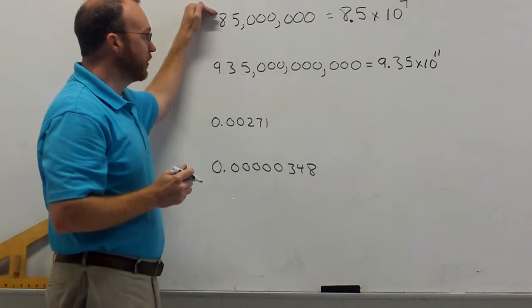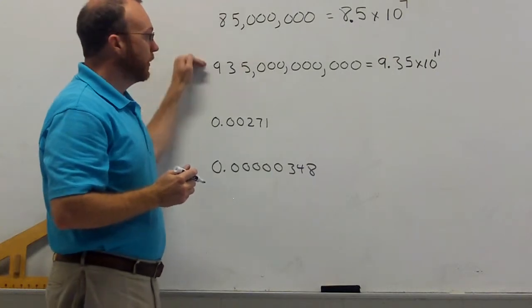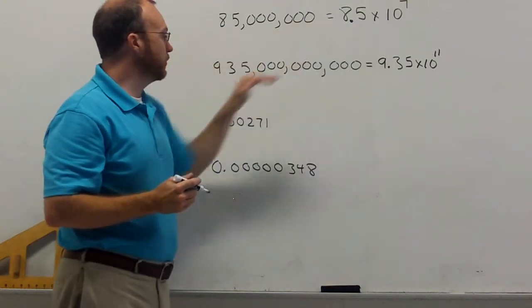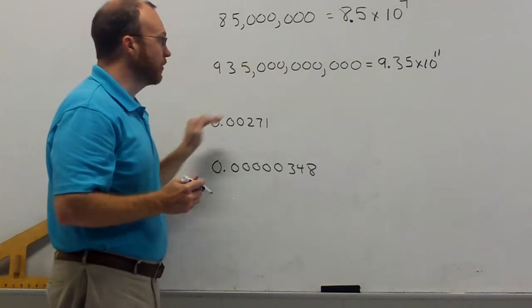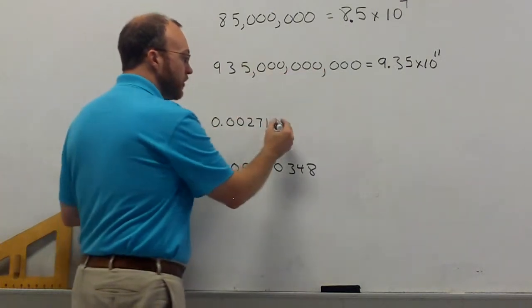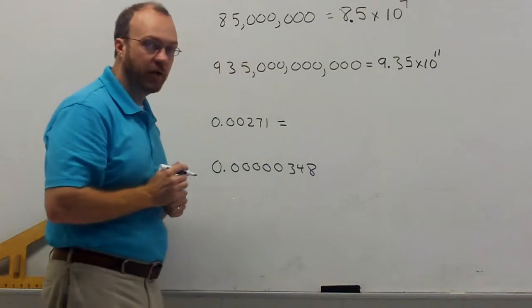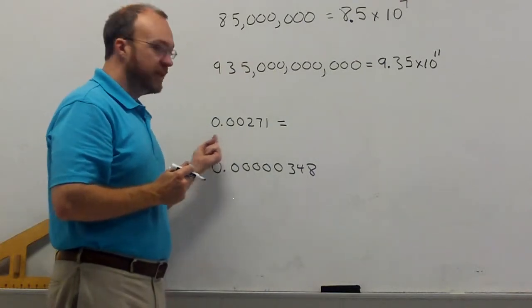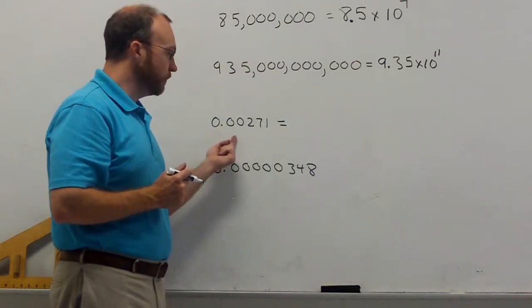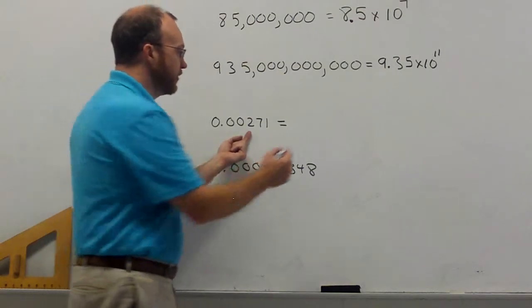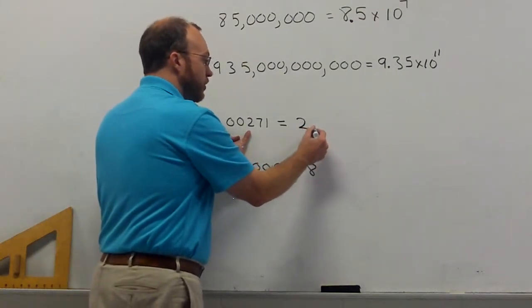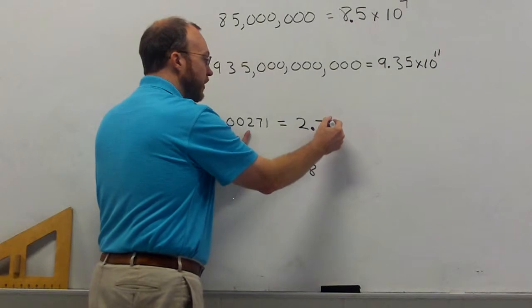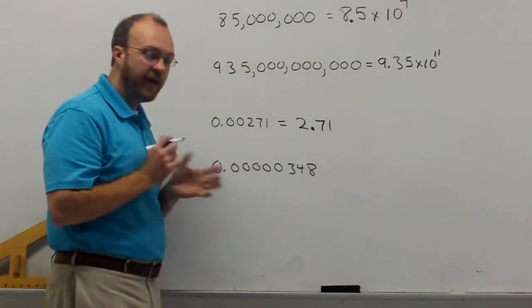Now, we can do that for numbers that are bigger than the ones place, but we can also do it for numbers that are smaller than the ones place. So let's do 2 examples of that as well. Leading zeros are never significant. They're simply placeholders. So our first significant digit is 2. We put a decimal and we put all of the other significant digits after.